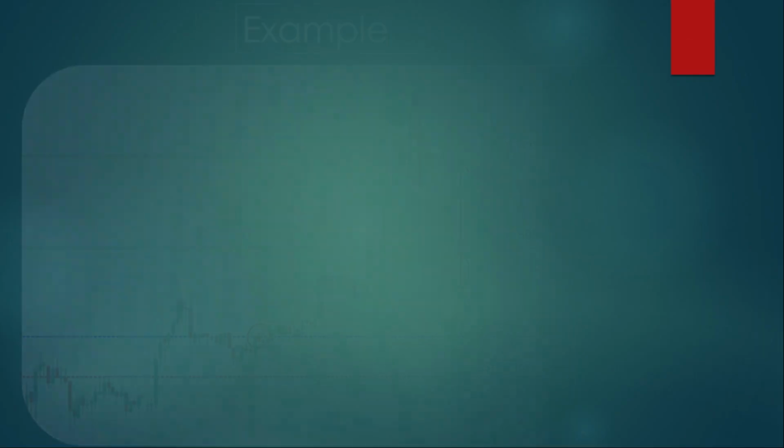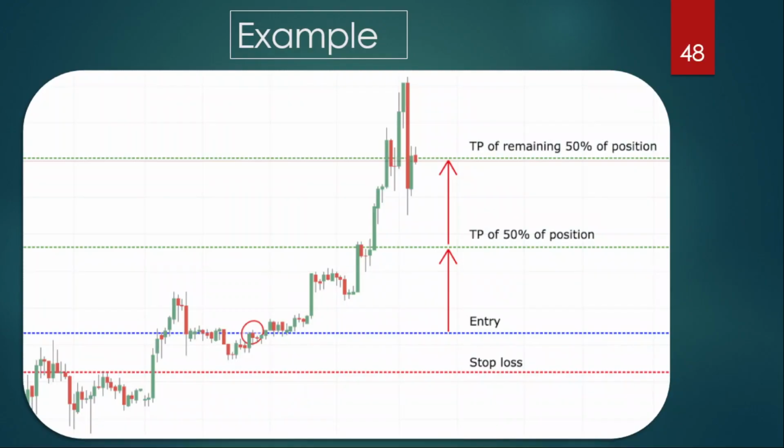Another example is right here. In this case, we are in a bullish market. The price is moving from this point, it's moving right there, and then we anticipate that the market will continue going up.